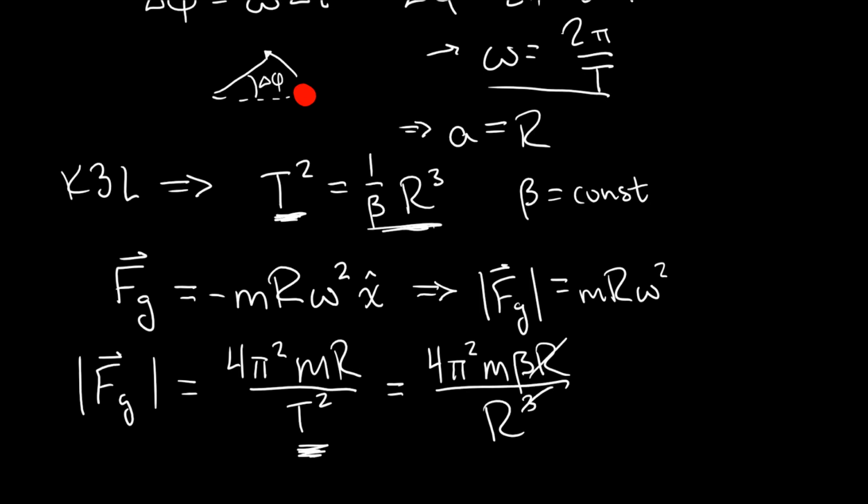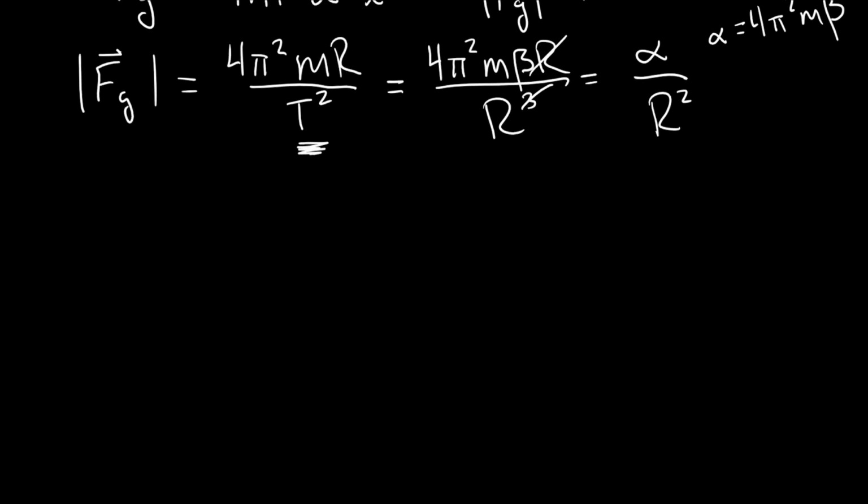Well, 1 power of r cancels, and I have something which looks like alpha over r squared, where alpha I just defined as this whole mess of constants. So I'm going to write that a little more clearly as the force of gravity is equal to minus alpha over r squared x hat.